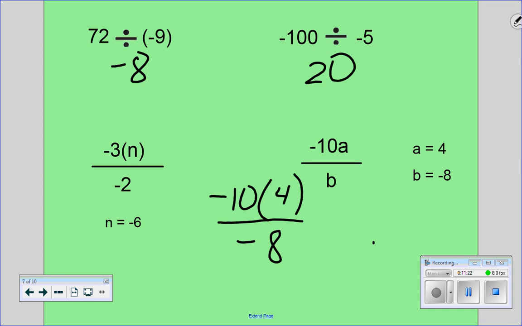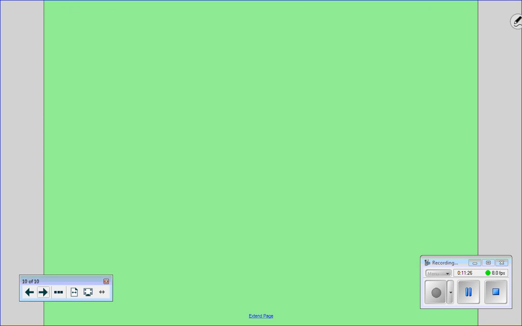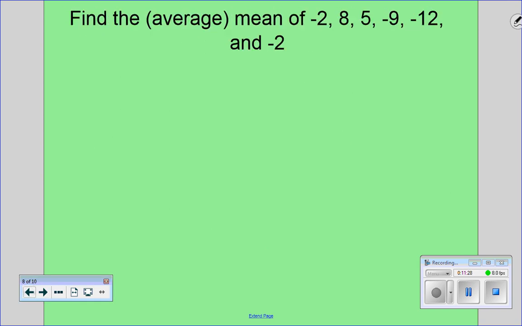Anything? Okay, I think I have one more story problem I need to show you: finding the average, or finding the mean. Does anybody remember how to find the average of something? Right. So you got to think about your addition now, because you're going to add all these together: -2, 8, 5, -9, -12, and -2, and then divide by how many numbers there are.